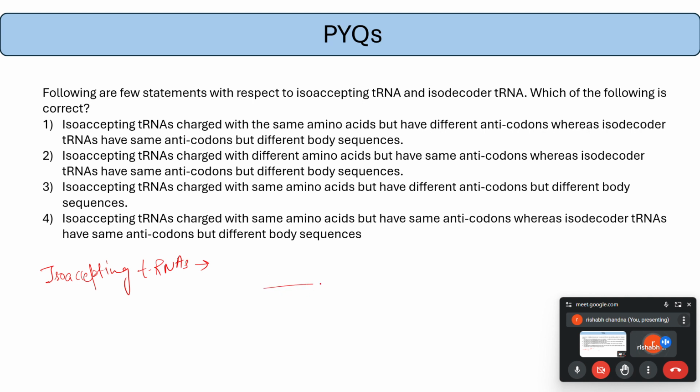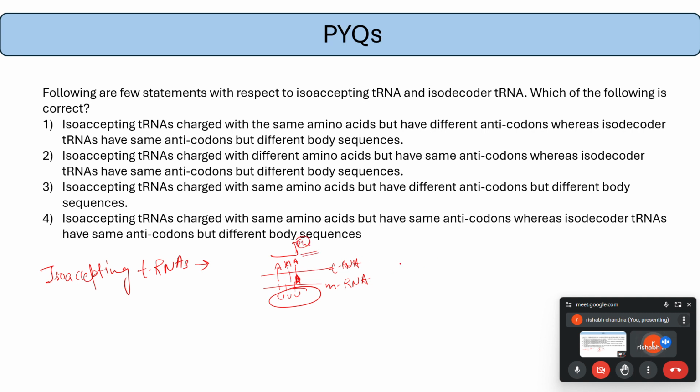So, for example, here we have UUU, and here we have AAA. So this is the anticodon, this is the tRNA, and this is the mRNA. Okay. So this particular codon will have a tRNA that codes for phenylalanine.